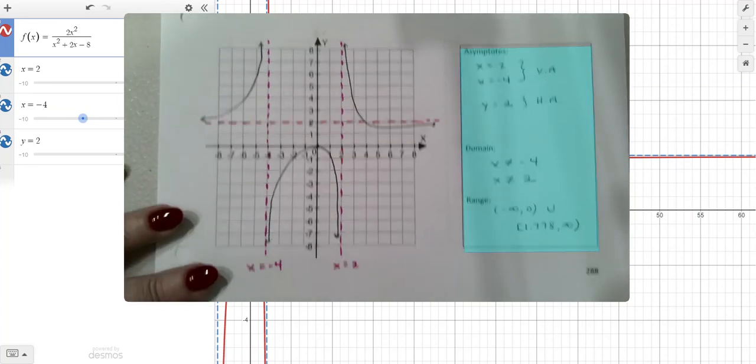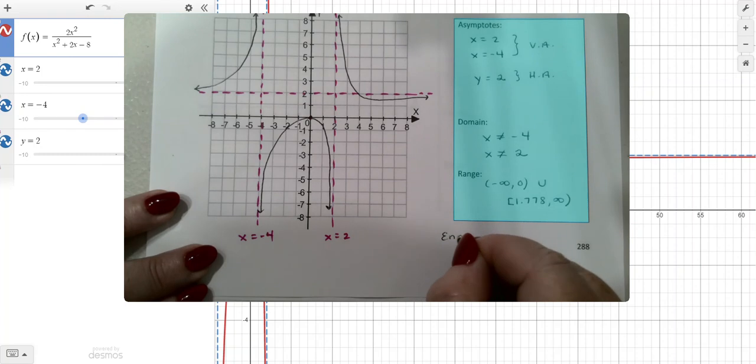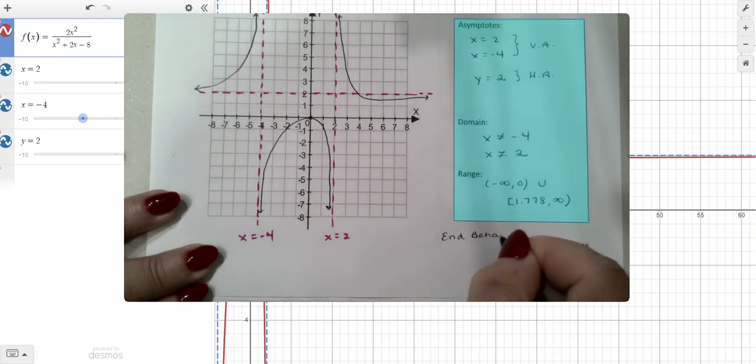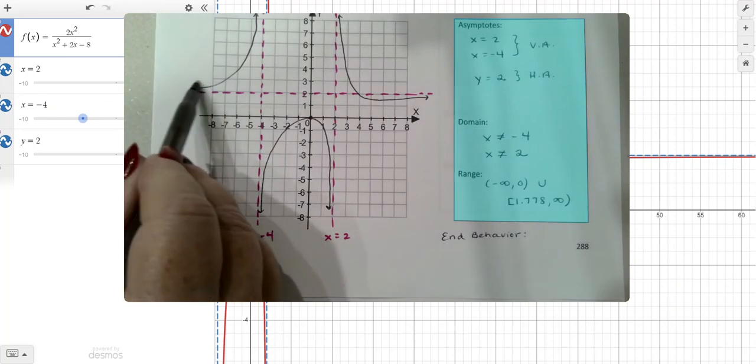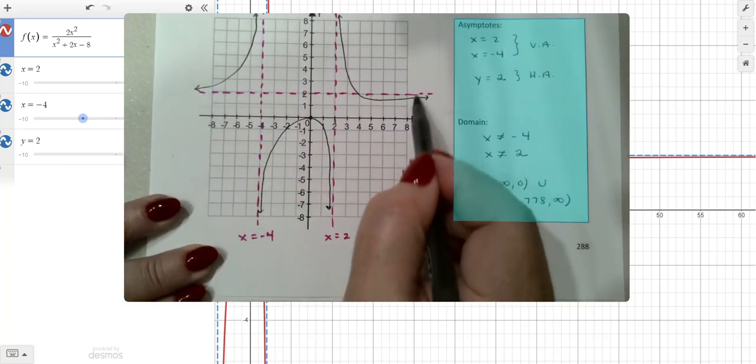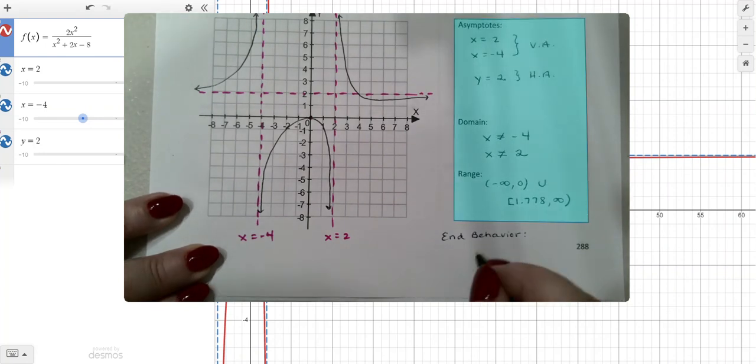All right, and then let's add just a quick statement about end behavior again. This graph approaches y equals 2 on the left, and it also approaches y equals 2 on the right.